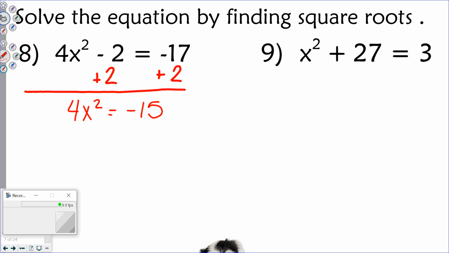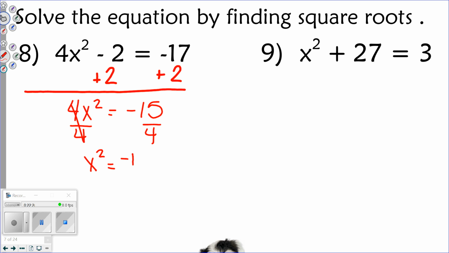Okay, so we're at 4x squared equals negative 15. Then what? Divide by 4. So x squared, does that divide? Negative 15 over 4. Then what?